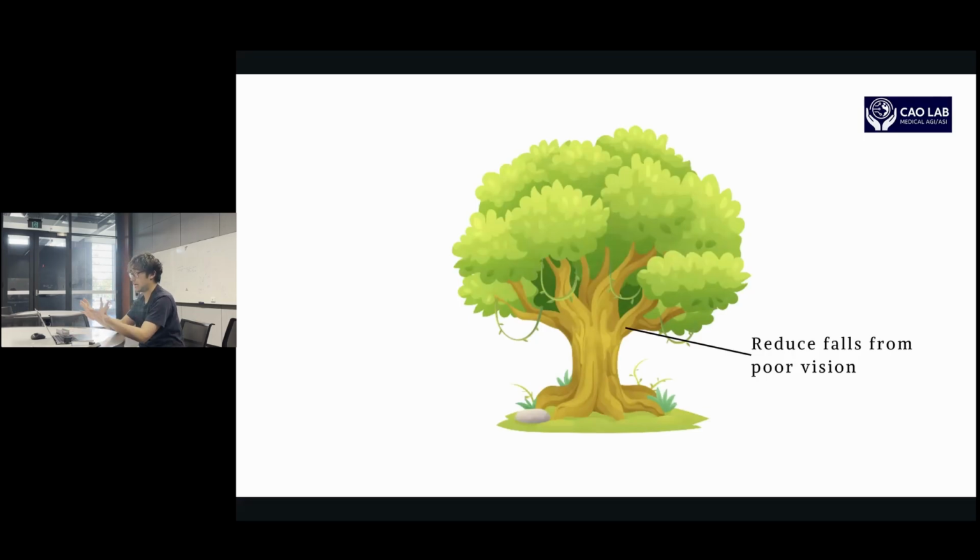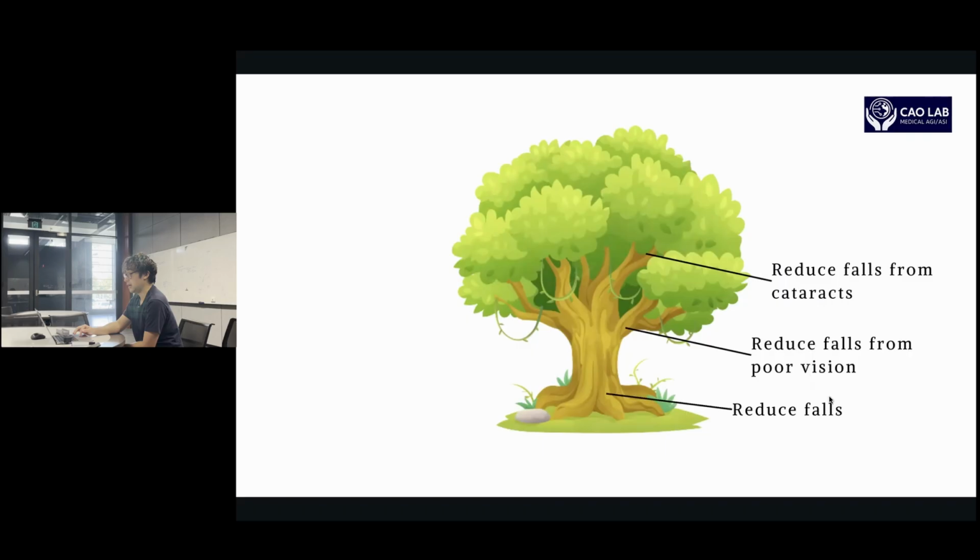Let's go through an example of what that means. Say we identify the problem is to reduce falls from those with poor vision. So you have poor vision and you fall. A smaller version of that would be to reduce falls specifically from cataracts. Cataracts is a subset of poor vision.